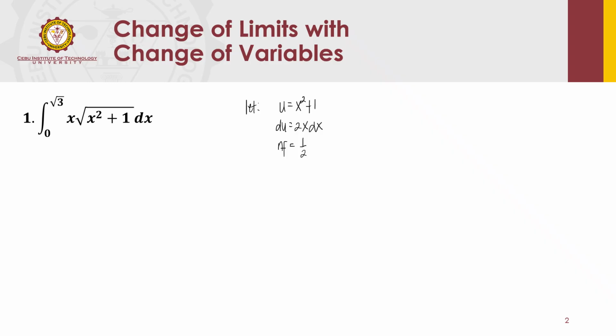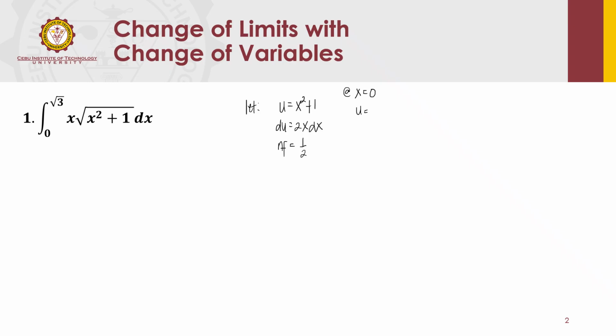So since we're changing already the variable, if you don't want to return to the original variable x and then use 0 and square root of 3 for the limits, we change the upper and the lower limits. So instead of using 0 for the lower limit, we solve for the new lower limit.